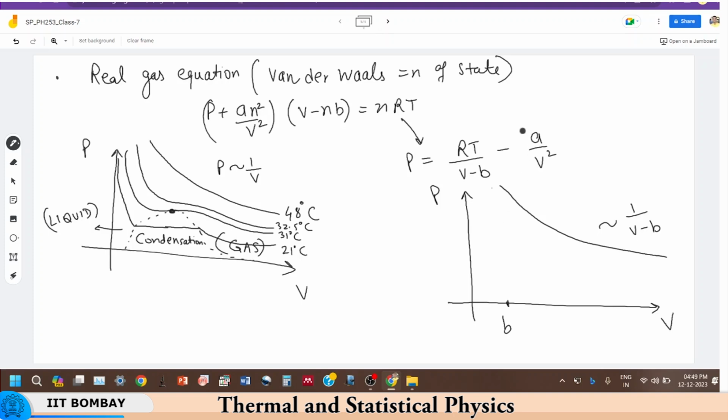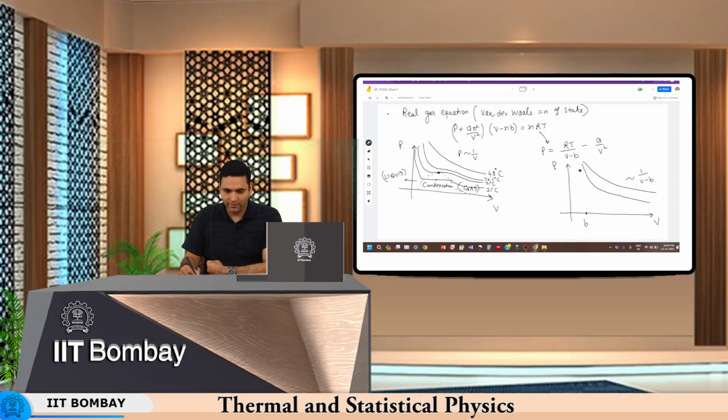But as we keep on decreasing the temperature, the contribution from this term becomes more and more important, and we start seeing deviations in the functional form, right? Something like that. So much so that after a certain point, this function starts displaying a well-defined minimum.